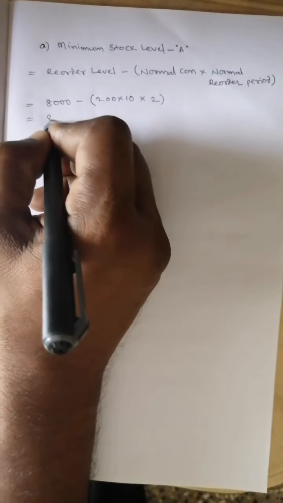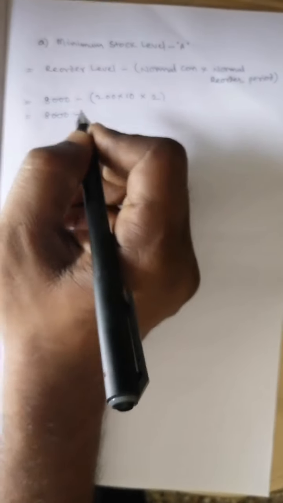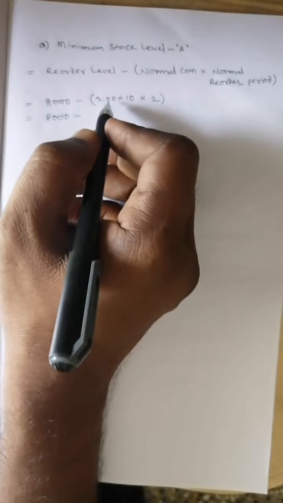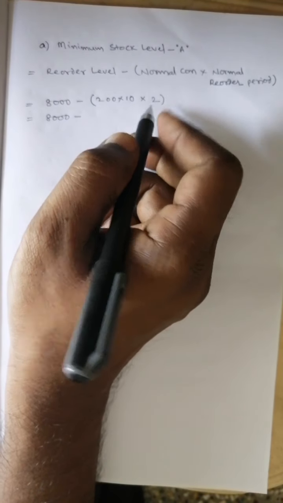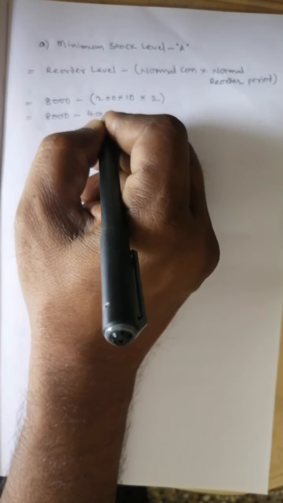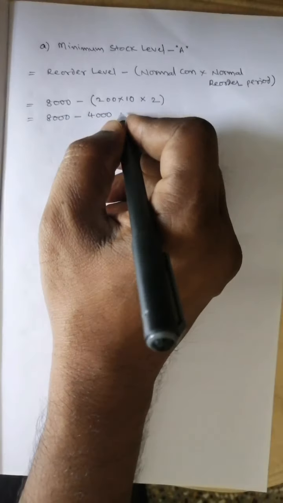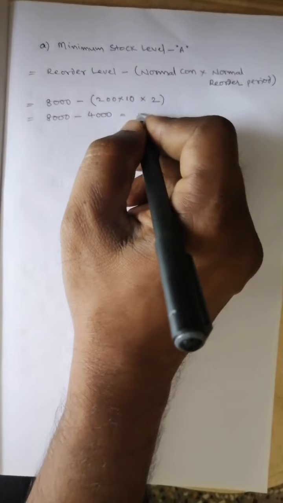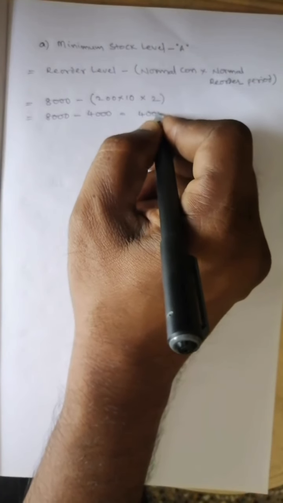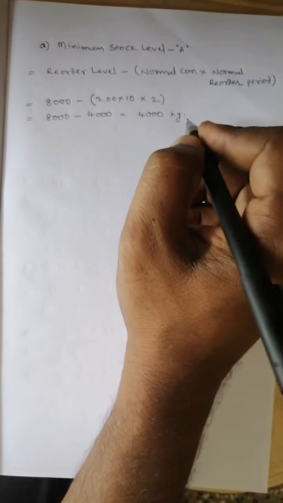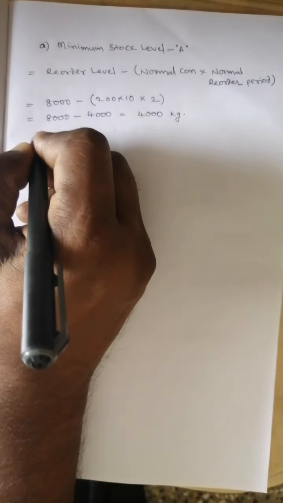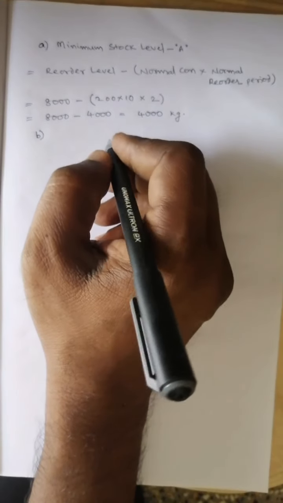So it is 8000 minus 200 into 10, 2000, 2000 into 2, 4000. So 4000, 8000 minus 4000 is equal to how much? 4000. Now mention with kgs. So that is the first stock level which was asked.